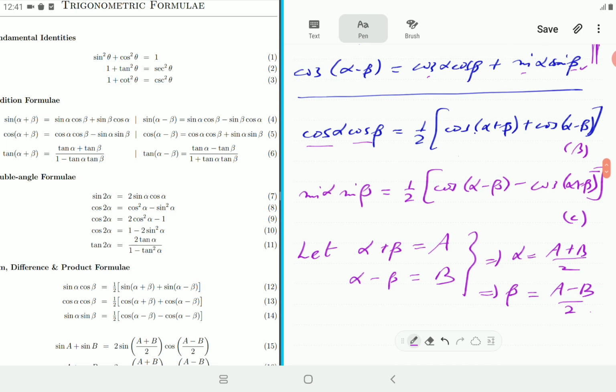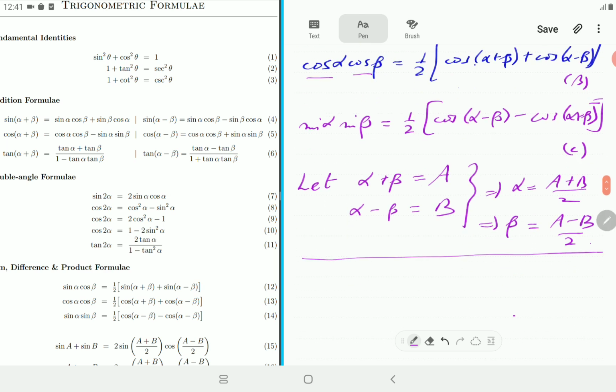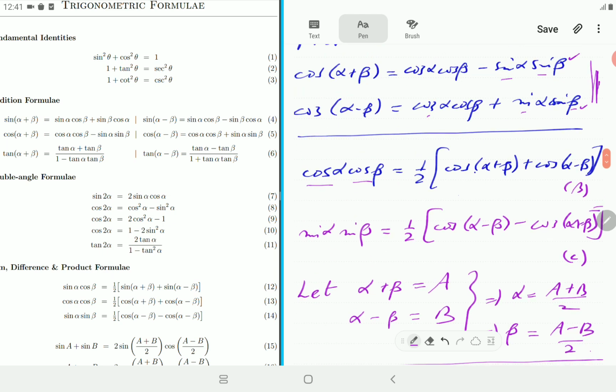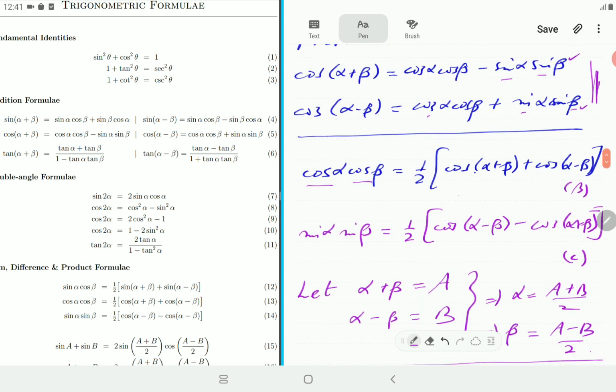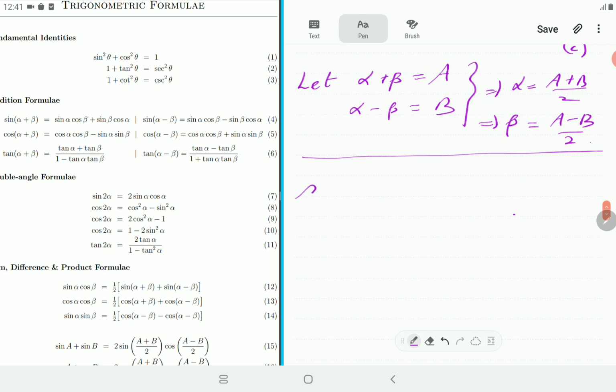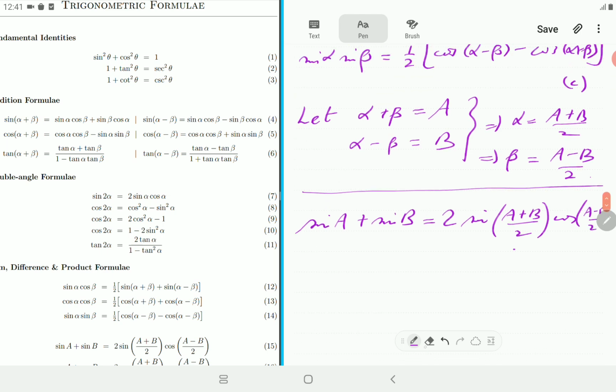So if we do that, we take these two over to the other side. So we're going to have sine A plus sine B is equal to 2 times sine of (A plus B) over 2, then cosine of (A minus B) over 2.